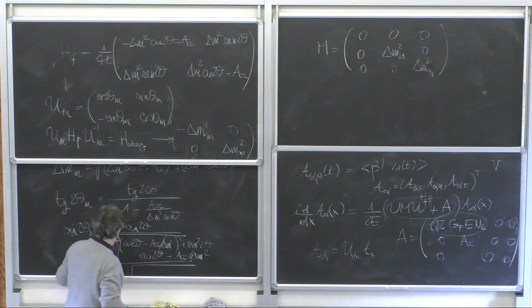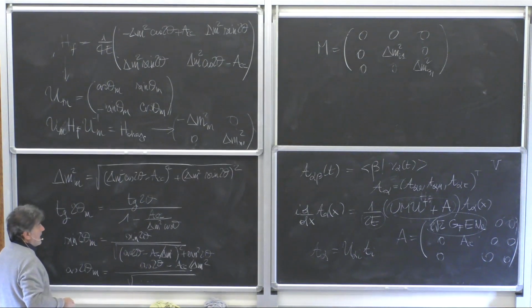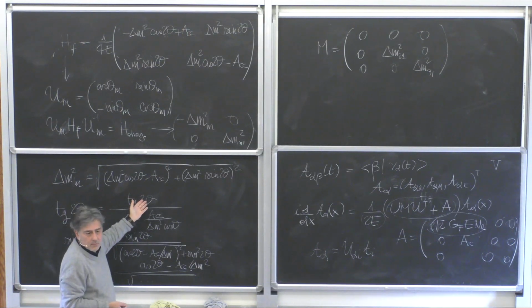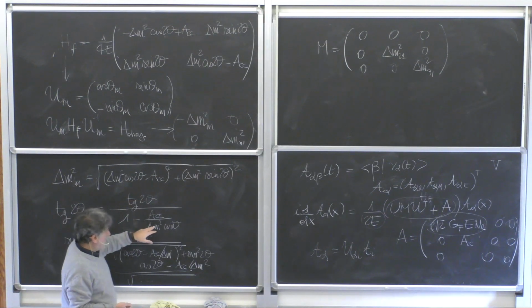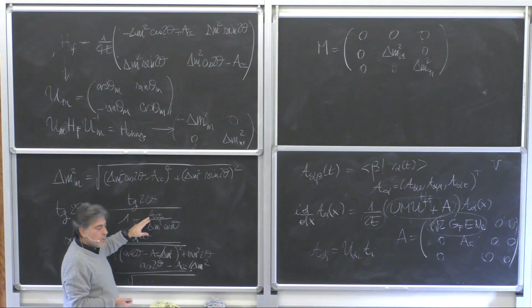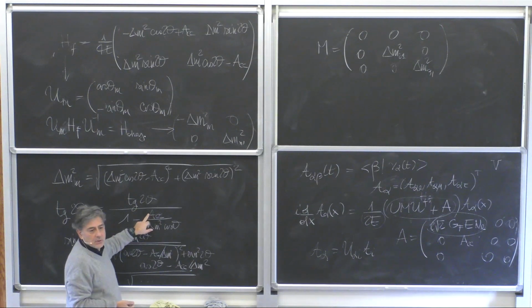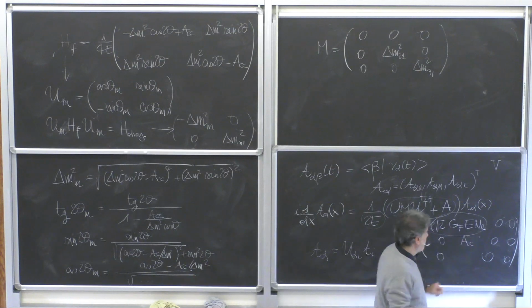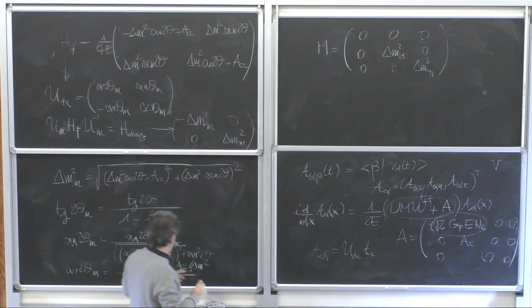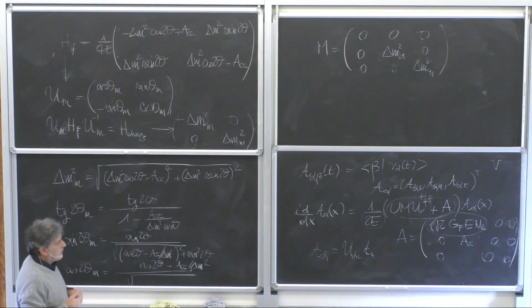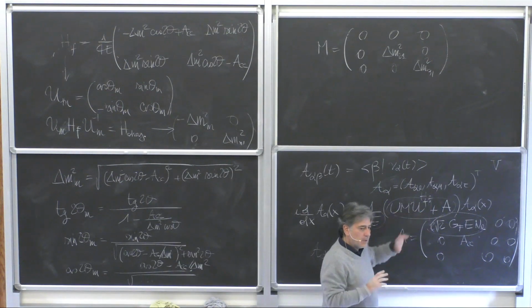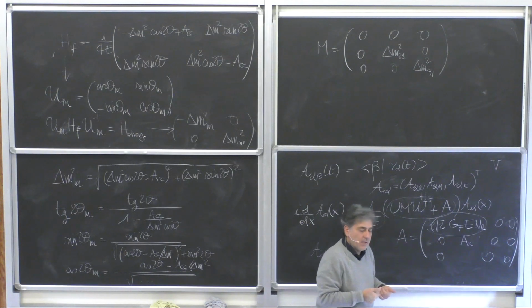And the mixing angle in matter will depend on the mixing angle in vacuum, on the squared mass difference delta m squared, and on the potential, so the electron density in matter. Now, the problem from one non-diagonal evolution has turned into a diagonal evolution.